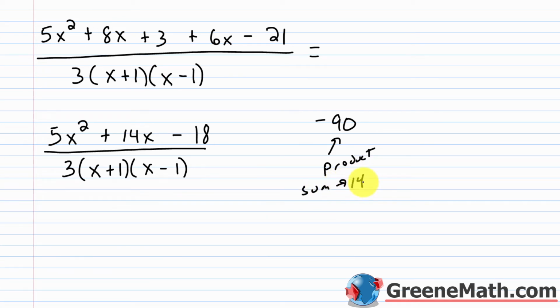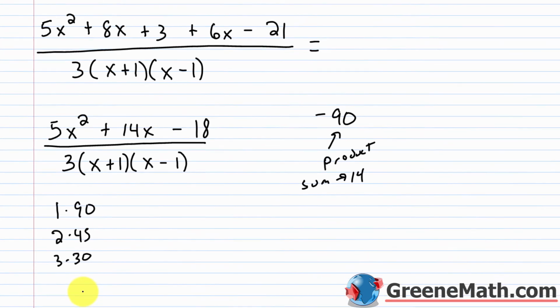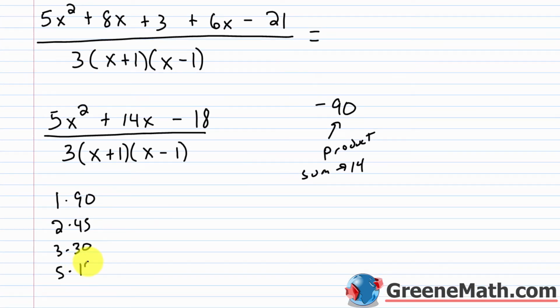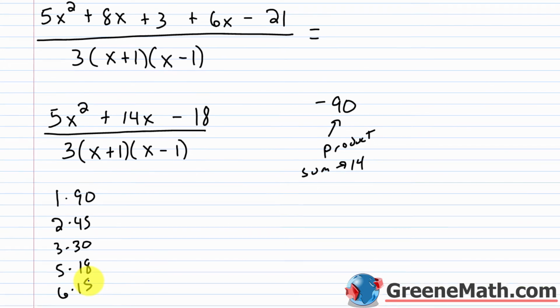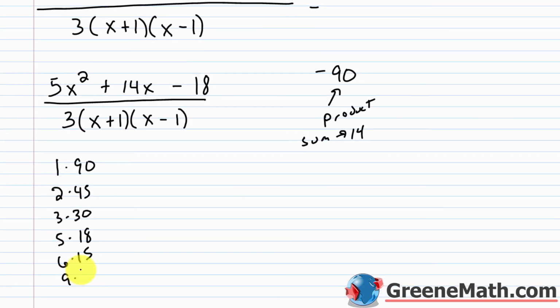Well, let me think about that. I've got 1 times 90. That won't work. I've got 2 times 45. Not going to work. I've got 3 times 30. Not divisible by 4. I've got 5 times 18. That won't work. I've got 6 times 15. That won't work. Not divisible by 7. Not divisible by 8. It is divisible by 9. It's going to be 9 times 10.